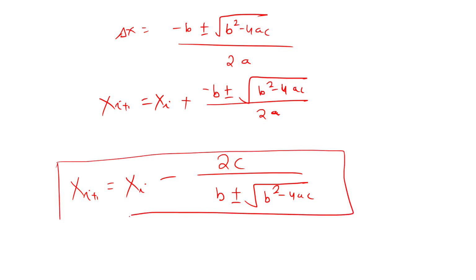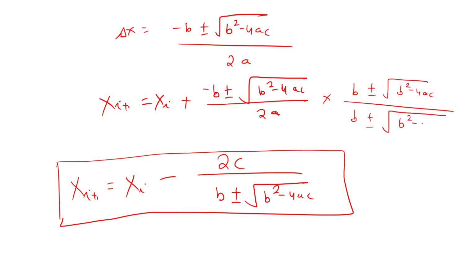Now here what I am doing, I am multiplying this with b plus minus root of b square minus 4ac upon b plus minus root of b square minus 4ac.